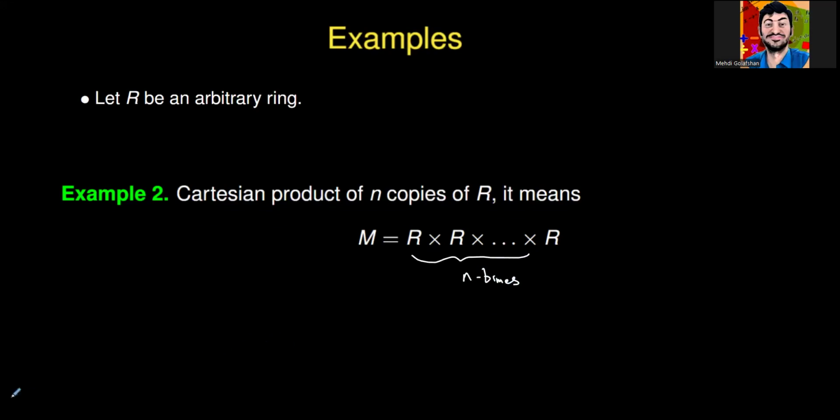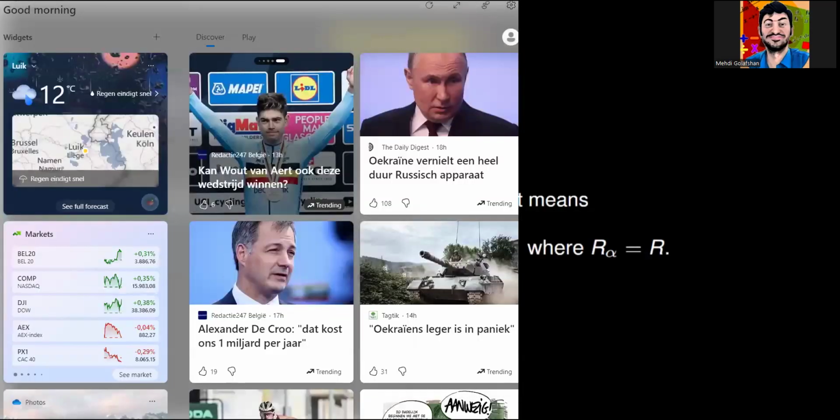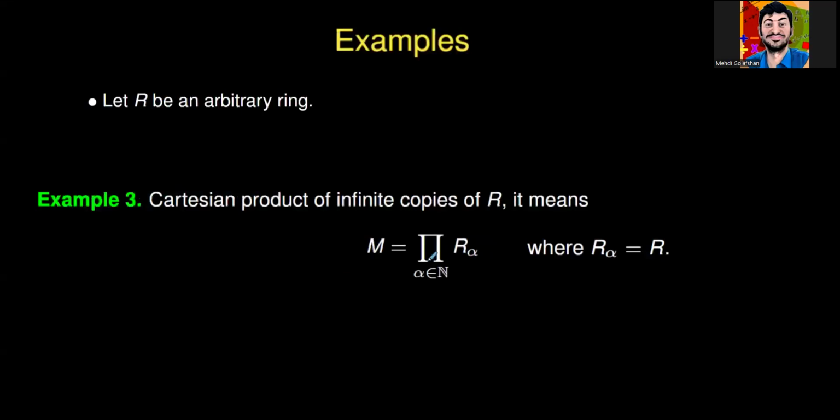We also have a more general case: we can have infinite copies. For example, M equals the product over alpha, where the indices come from the natural numbers. So we have infinite tuples.